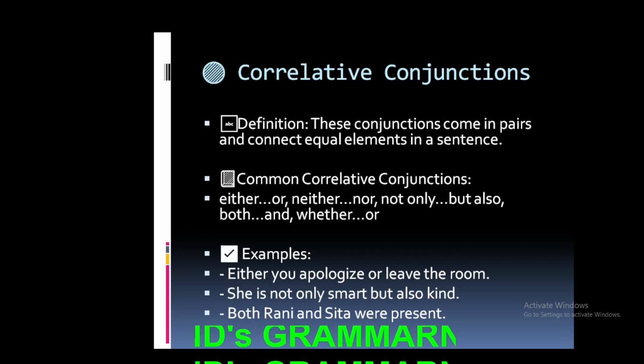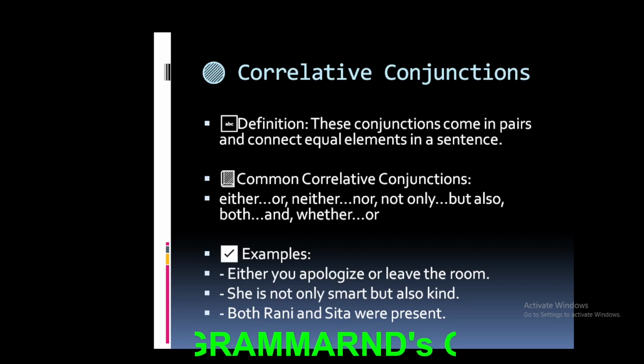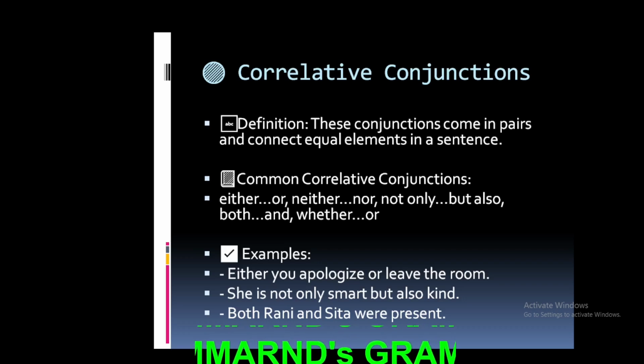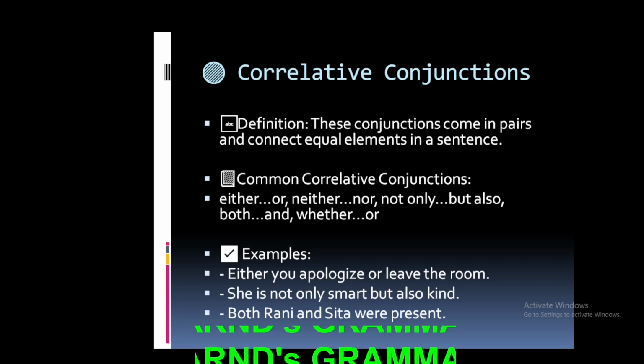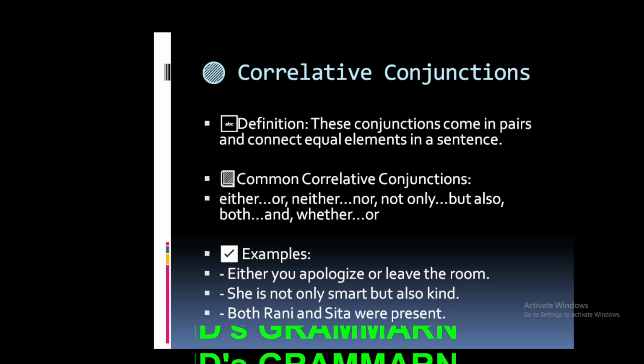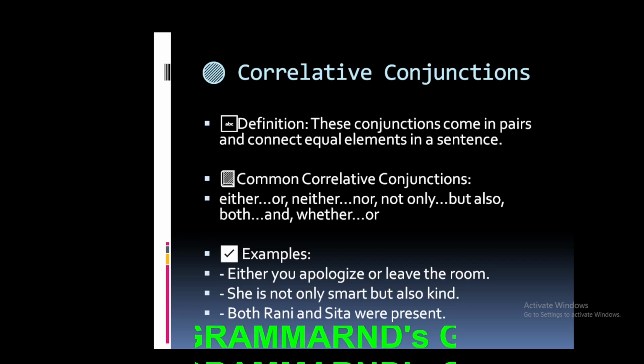And please notice the sentence is a bit emphatic. Third example, both Rani and Sita were present. Here Rani and Sita are two subjects. They are joined by both and, and both is placed before. Always remember, when you are joining with both, it should be placed first.